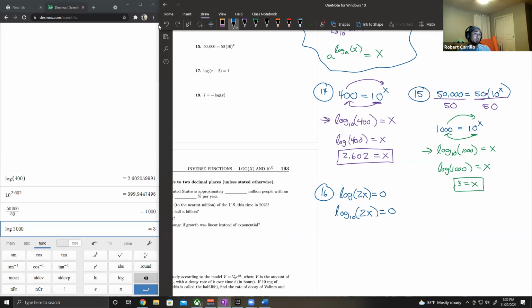And now we are ready to convert from log to exponential. We will take this base of 10 and raise it to the 0th power. So you get 10 to the 0th, and then you set it equal to whatever's inside your log, 2x. Okay. Now, what is 10 to the 0th?